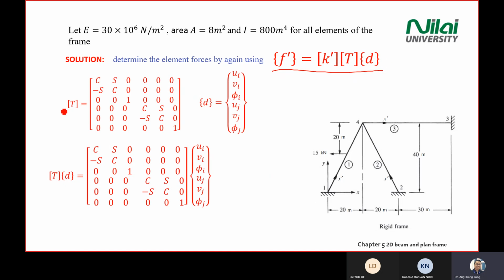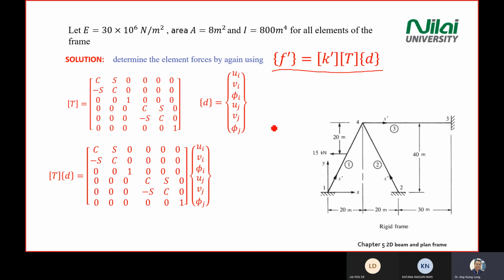So as I asked you to remember, the 5 matrices now. And then I also showed you the way to use the online matrix calculator. So you key in the T value, you key in the D value, and then you press the product of A matrix times B matrix.